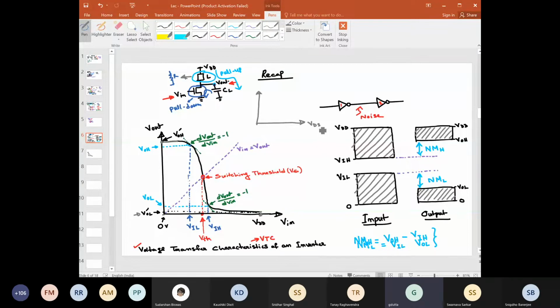This is VDS for this particular NMOS, and this is ID, and we know the characteristics would look like this. Here it will be VDD, and you know how to calculate this point. This is the load line due to this resistor R.